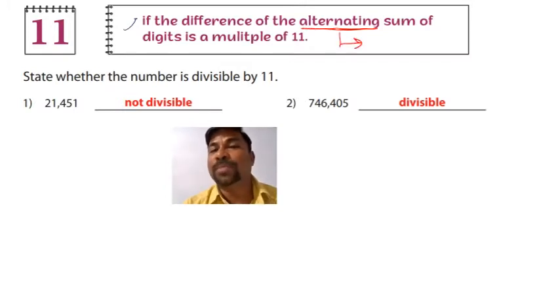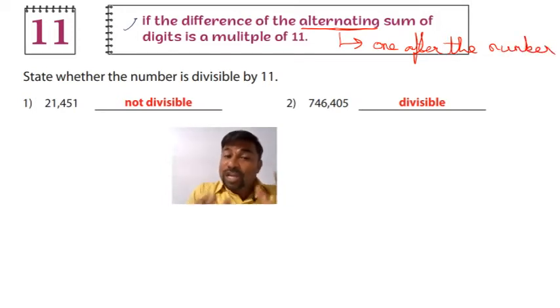You have to remember, one after the other. If you take the sum of the alternating digits and find the difference of those sums, and if the difference is a multiple of 11, then we can say the number is divisible by 11.